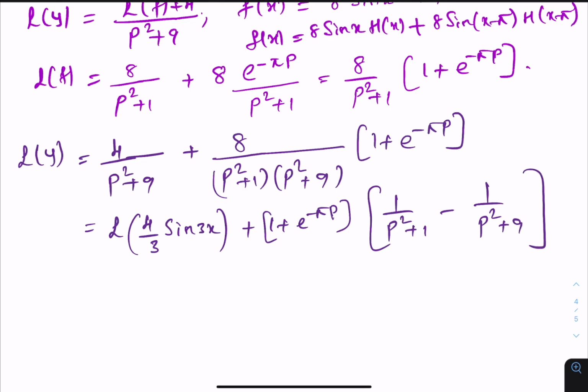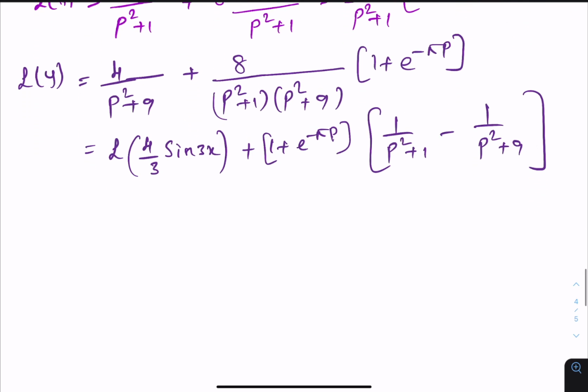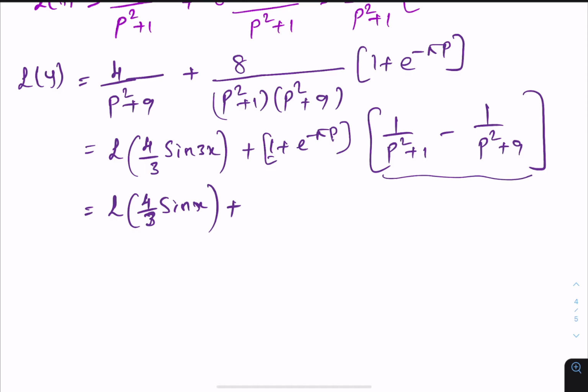Okay, now this is precisely Laplace transform of 4 by 3 sine 3x, and then 1 times this entire thing. Okay, that's going to give you Laplace transform of sine x minus 1 by 3 Laplace transform of sine 3x.